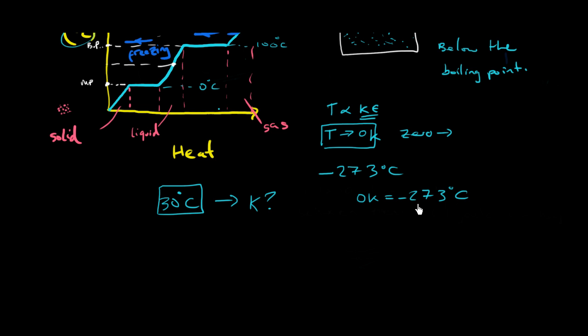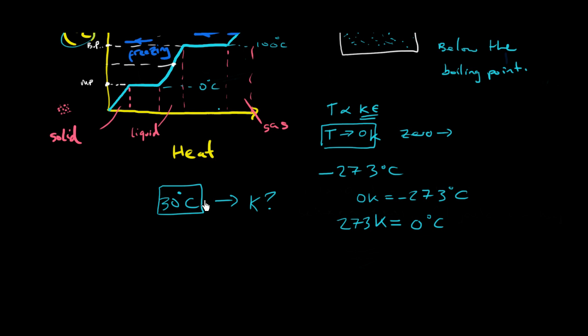That means that if I want to be at 0 Celsius, I need to add 273, right? Both types of degrees have the same size. So if I want to ask how many kelvins is 0 degrees C, it's going to be 273 Kelvin, right? So if 0 Kelvin is minus 273, then 273 Kelvin will be the equivalent of 0 degrees Celsius.